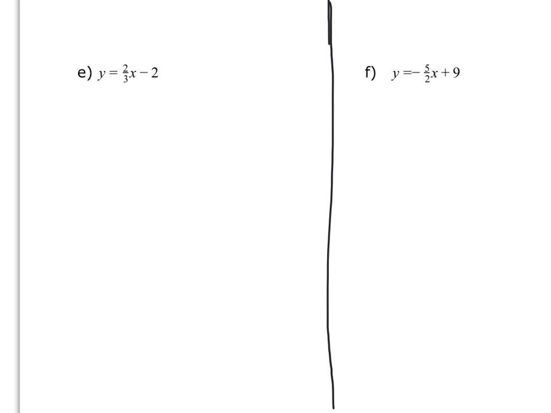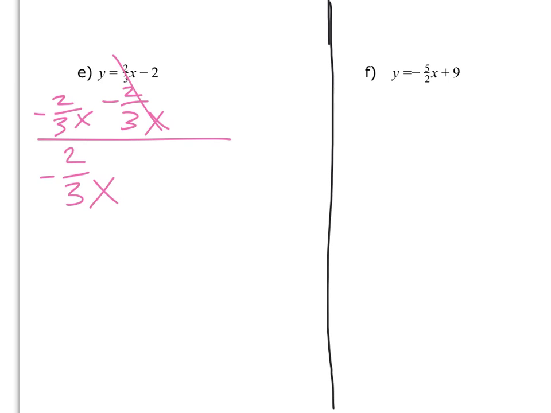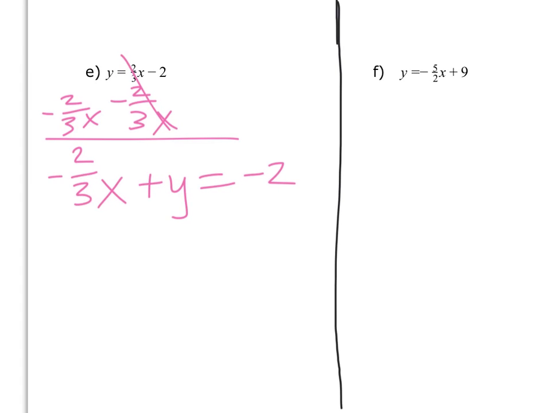So if I have y equals 2/3 x minus 2, what do I do to 2/3 x so that x and y are on the same side? Subtract it. So I'm going to subtract 2/3 x from both sides. So I have negative 2/3 x plus y equals negative 2.